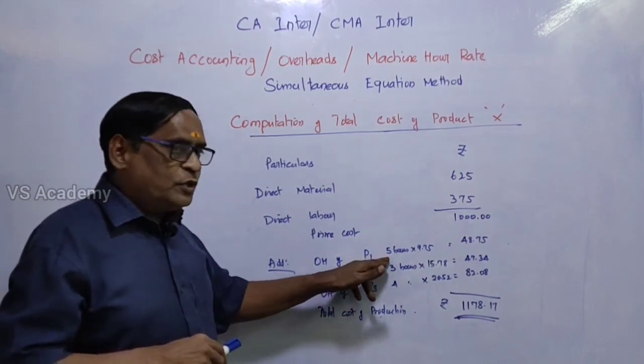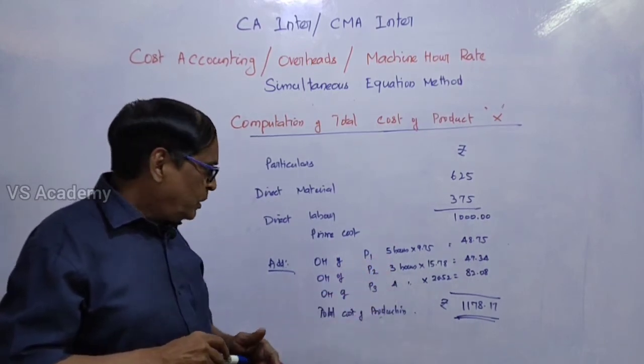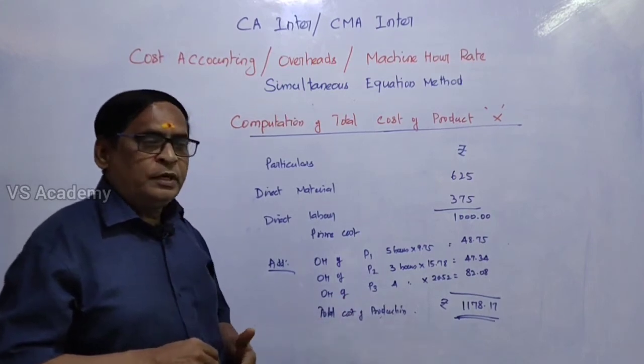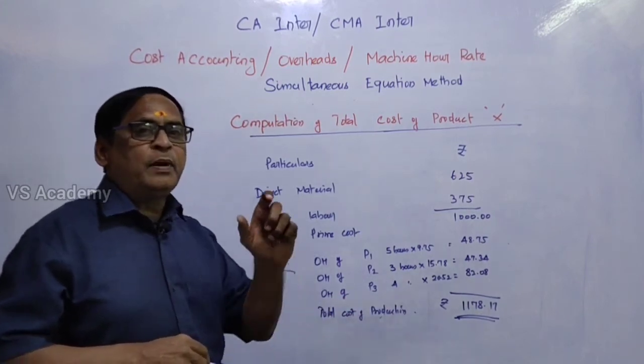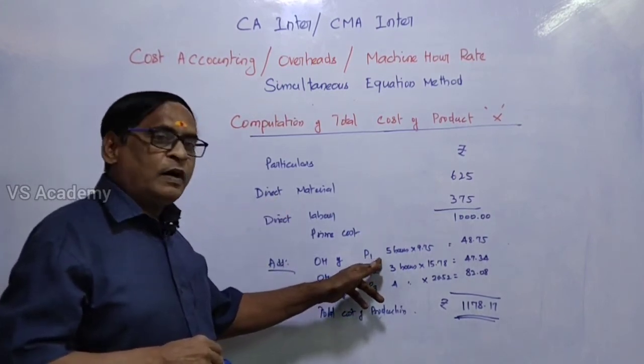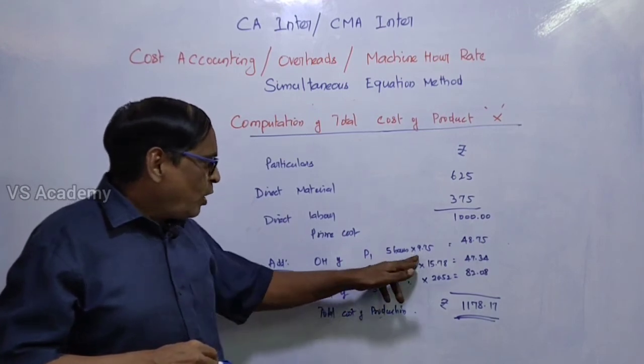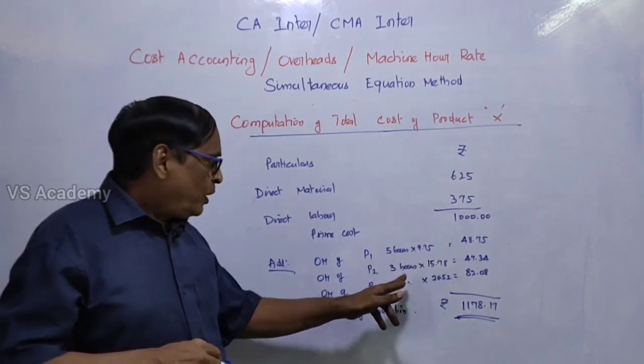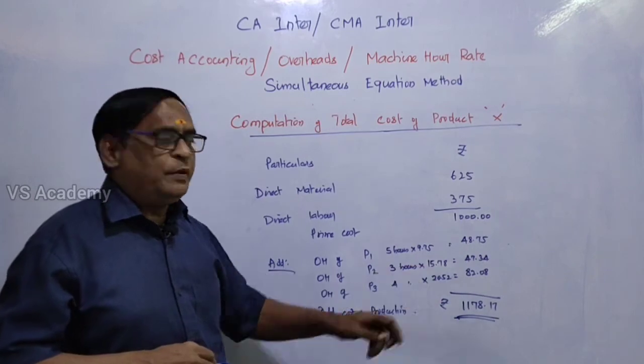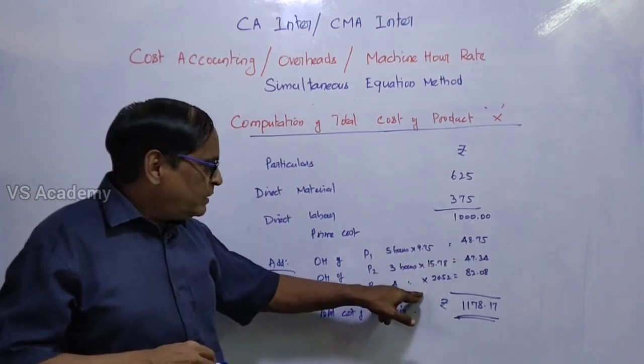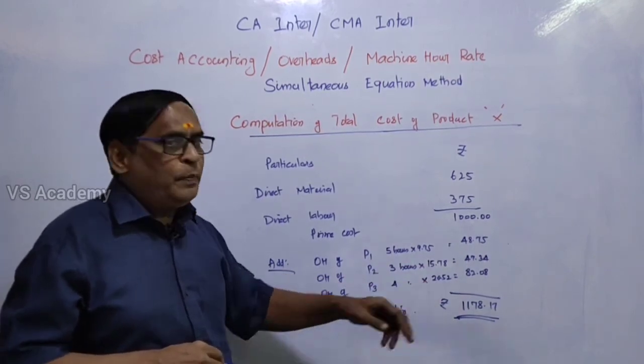In P1 5 hours worked. In P2 3 hours worked. In P3 4 hours worked. Just now we have calculated the rate per hour. The rate per hour for production department 1 is 9 rupees 75 paise, production department 2 is 15 rupees 78 paise, and production department P3 is 20 rupees 52 paise.